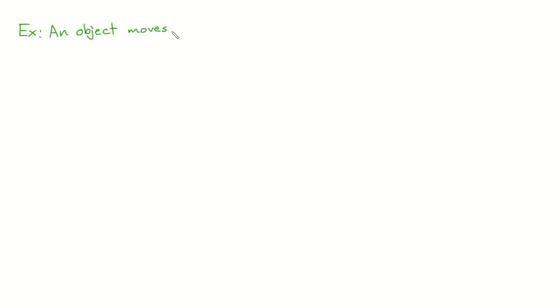Its distance is given by a lovely equation, and I'm going to write it ugly and we're going to talk about what it means: s, which is just a function in terms of time, and I want to make sure that you see it, equal to 2t cubed plus 4.